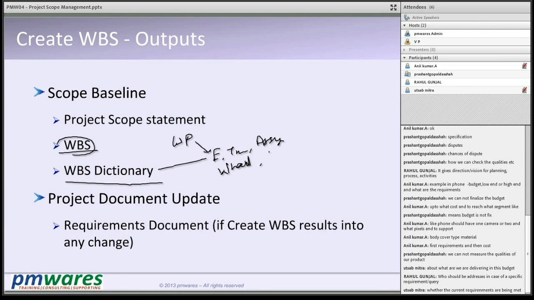Anything you want to tell about a work package is in the WBS dictionary. You have an entry for every work package which defines all the attributes of the work package. Therefore, they are two documents, but still they are one. And scope baseline means scope statement, WBS and WBS dictionary.